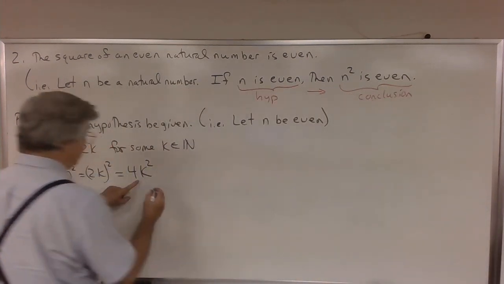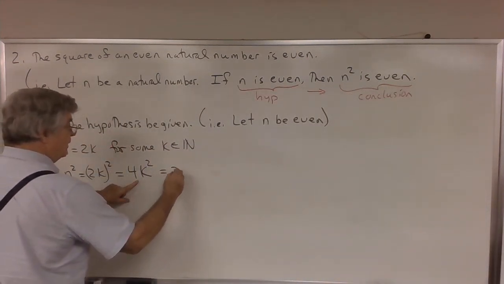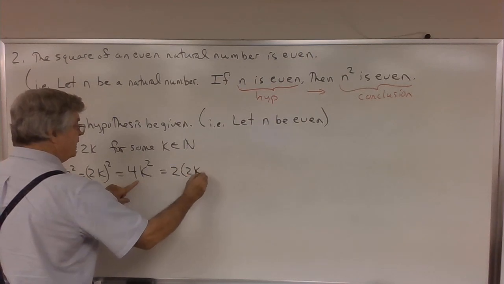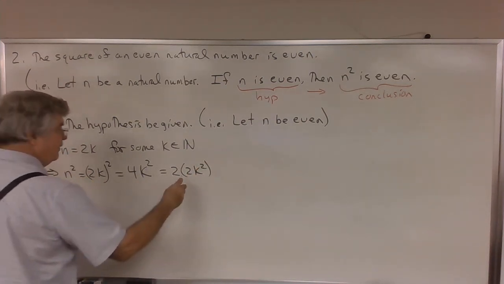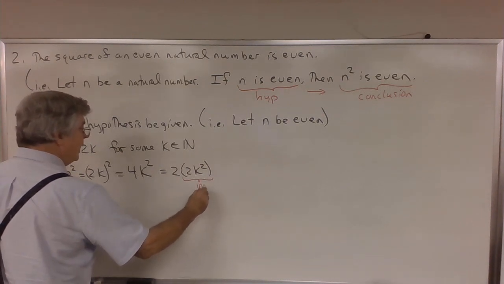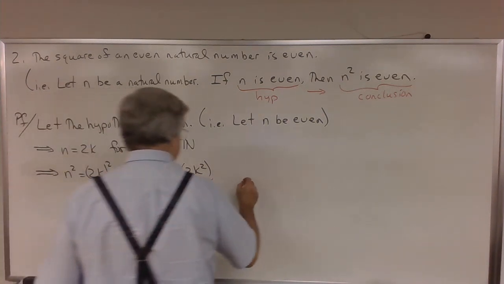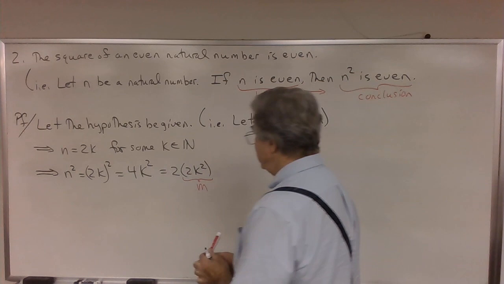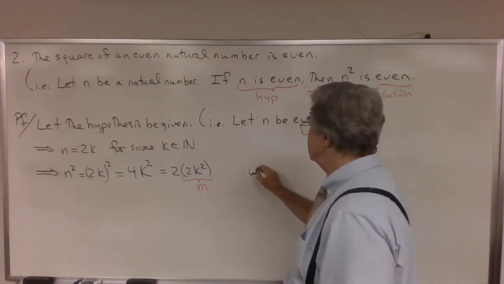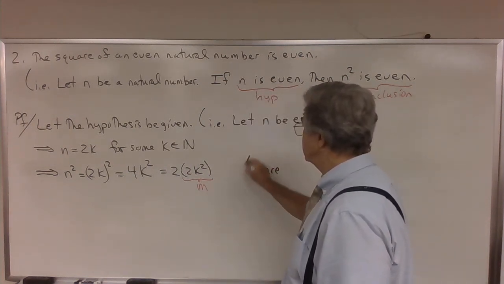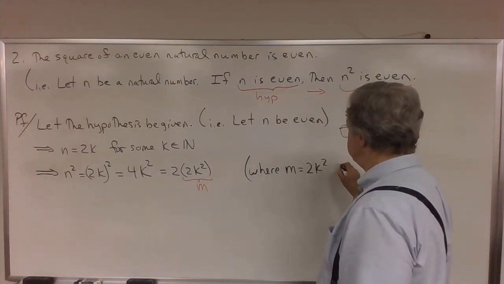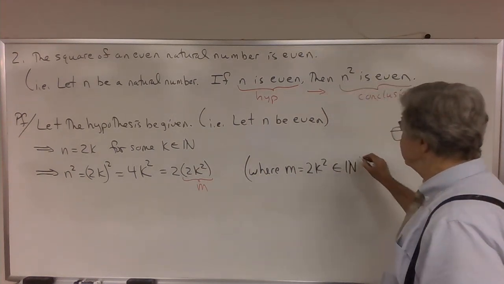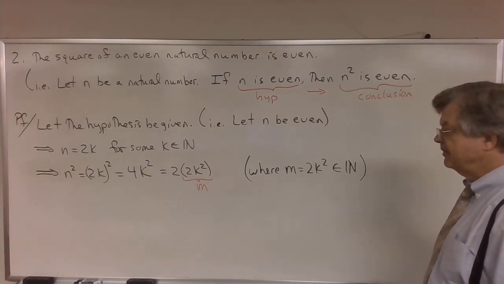We can write this as 2 times 2k squared, and we'll call this thing m. And I'll remark parenthetically that m equals 2k squared is itself a natural number.